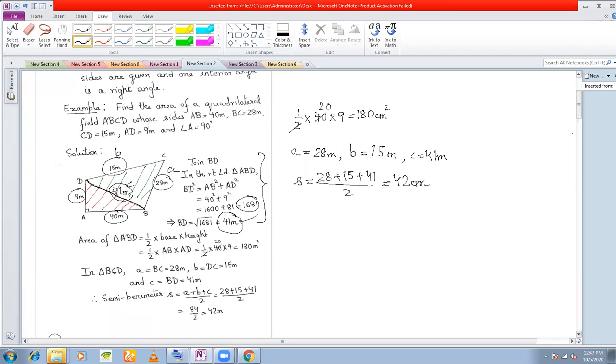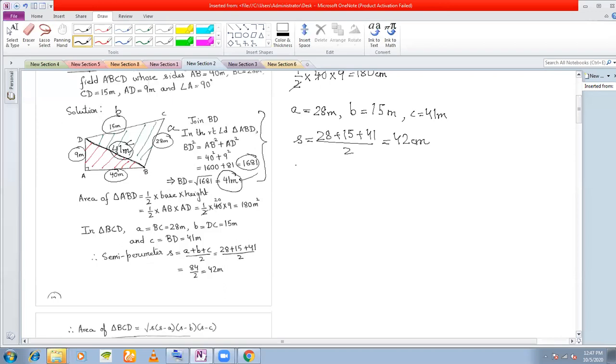Once you have found S, we can proceed to find the area of triangle BDC.